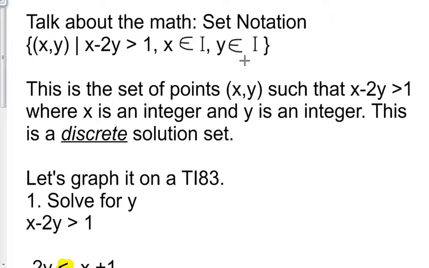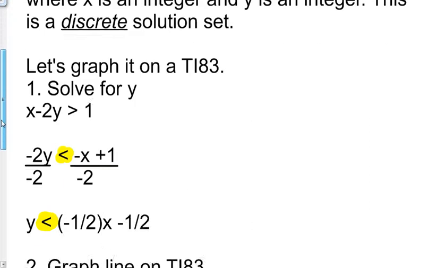So I know I'm dealing with integers, so my set is going to be discrete. It's not going to be continuous because 1.5 is not part of the integers, negative 1.5 isn't, but 1, 2, negative 1, and negative 2 are. So it's discrete.